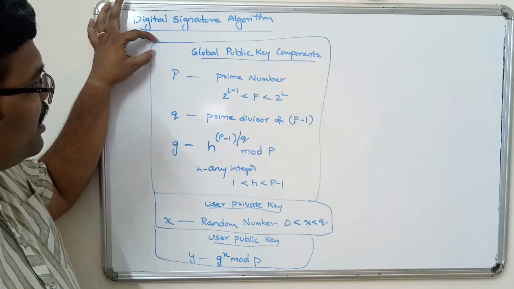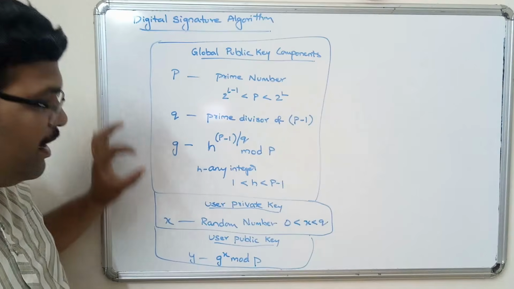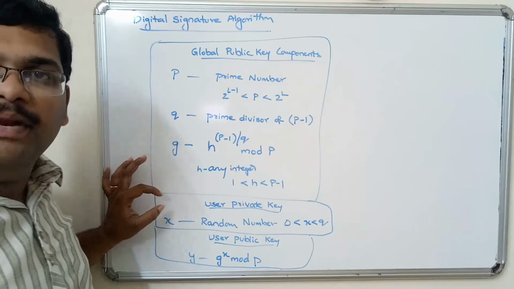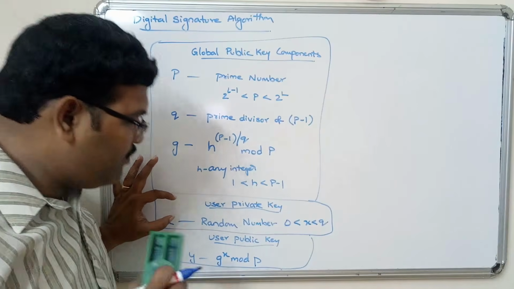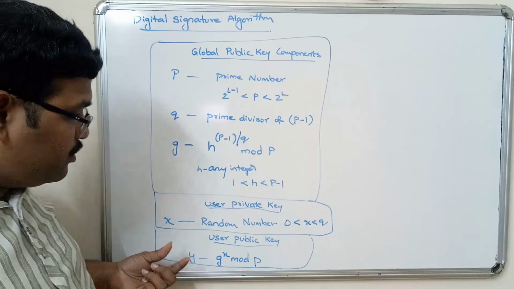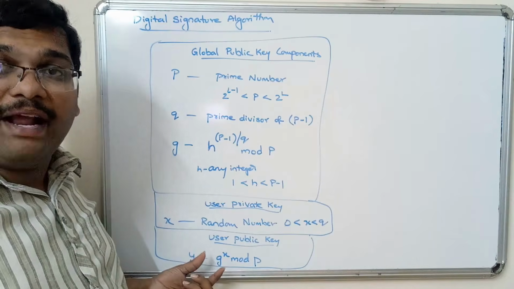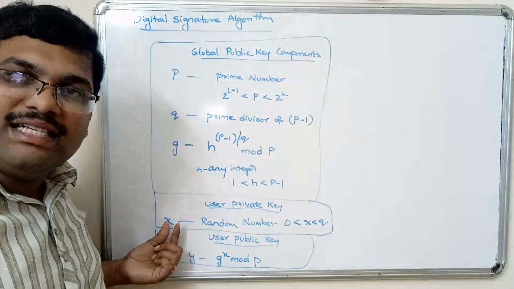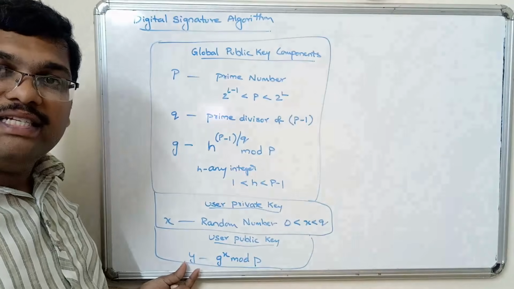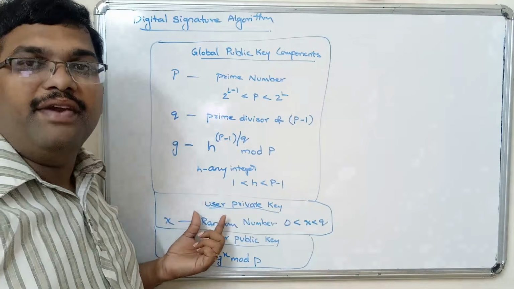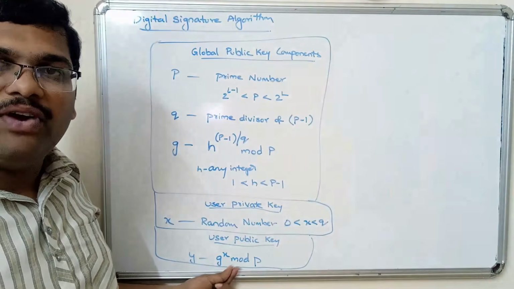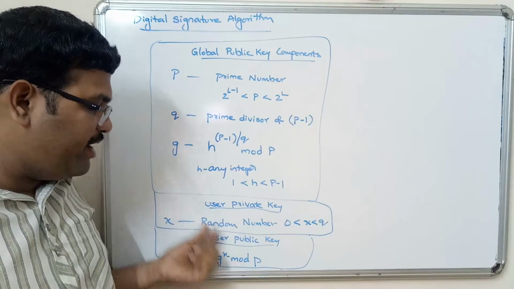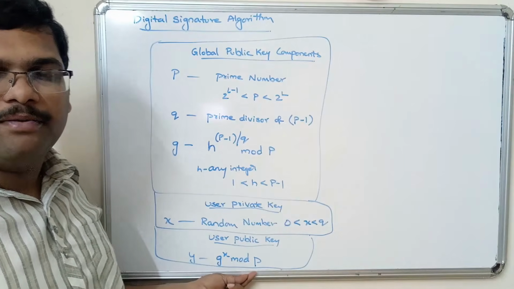So after the global public key components P, Q and G, we select the private key of user A, which is a random number, and from it we calculate the public key. Here the private key is X and the public key is Y. Y is calculated using the private key: G power X, mod P, where G is a global public component, X is the private key, and P is a prime number.